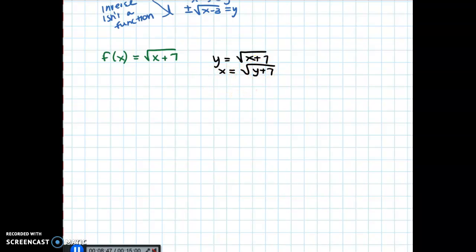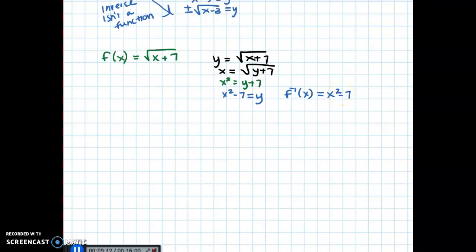And then I would square both sides. And then I would subtract 7 to get y by itself, which means that the inverse of f of x has to equal x squared minus 7.